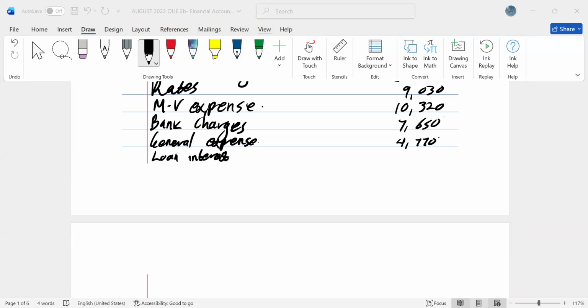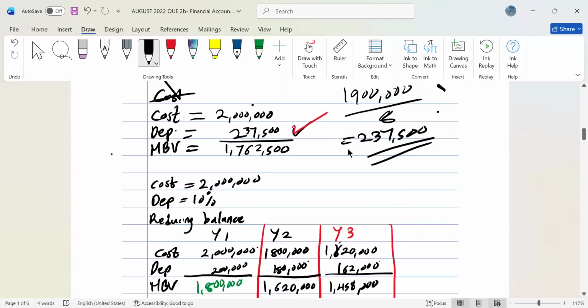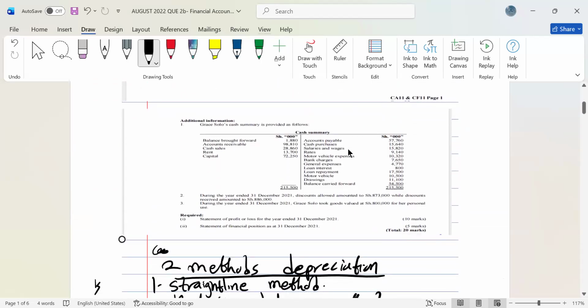Why not record the drawings in the additional information number 1? These drawings, if you look at it, this one was drawing of money. We've actually captured drawings of goods.